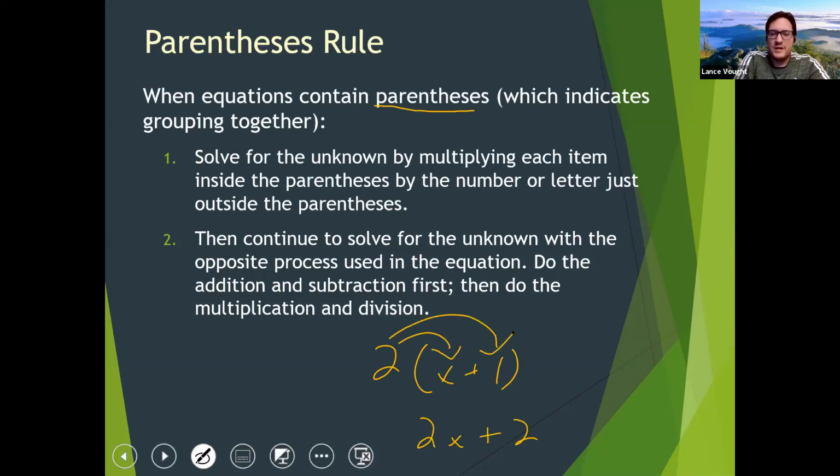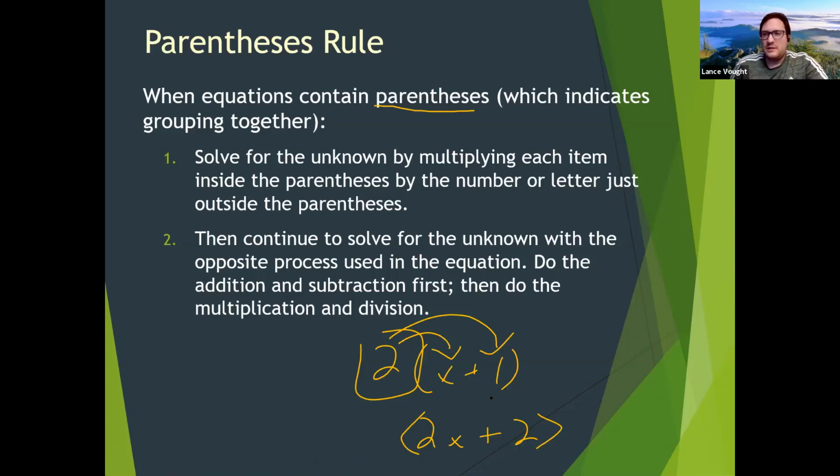So it's not just 2x plus 1. If something's in a parenthesis, each term gets multiplied by this coefficient or scalar that's outside the parenthetical. So 2 times x plus 1 is 2x, because 2 times x plus 2 times 1, which is 2. So it's 2x plus 2 is the actual expression.